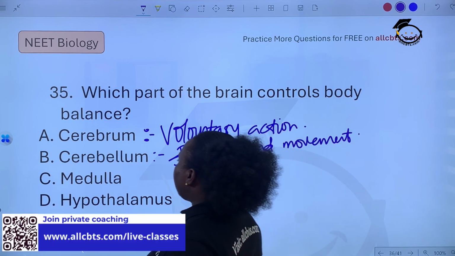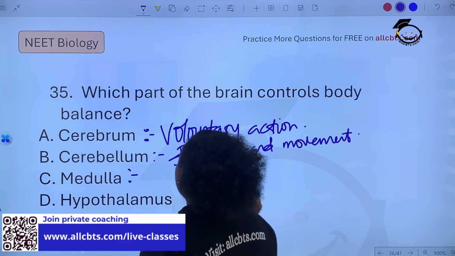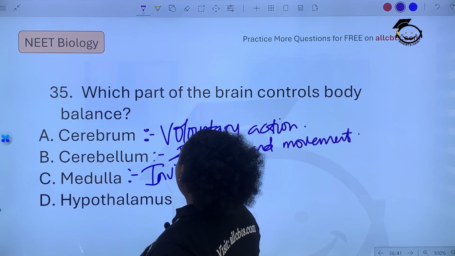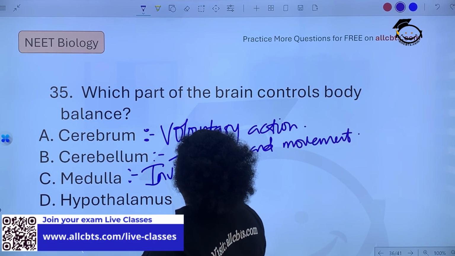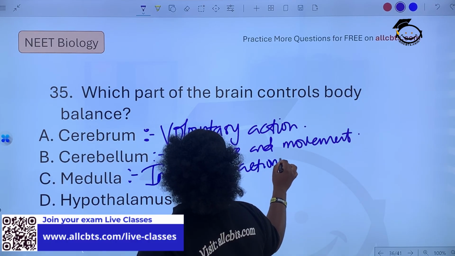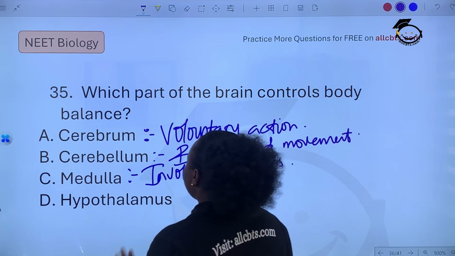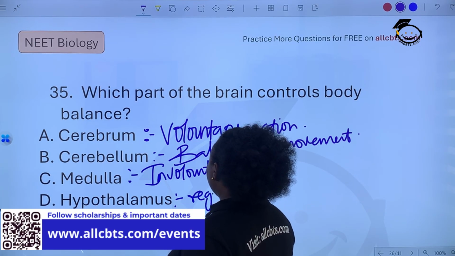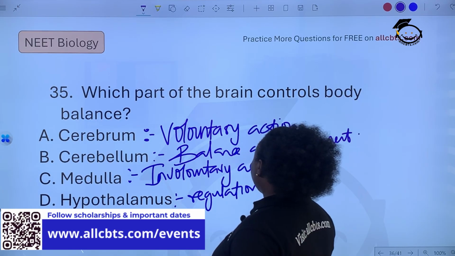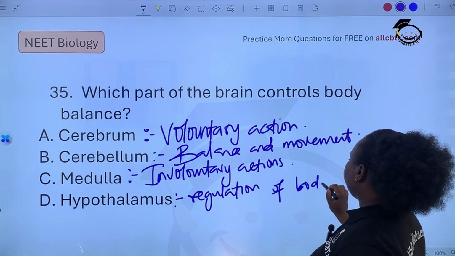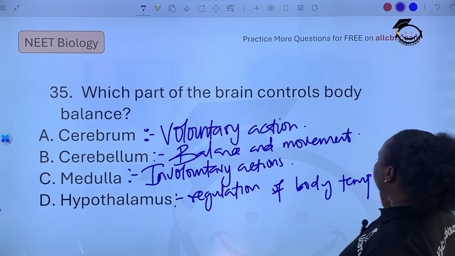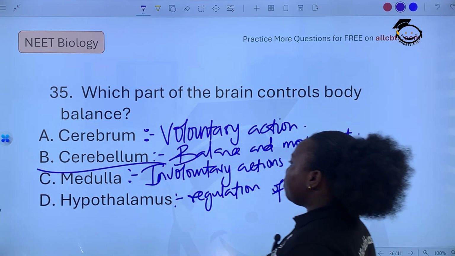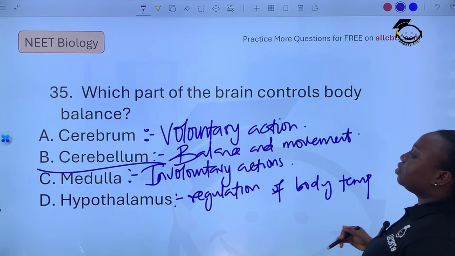Then we have the medulla oblongata, which is for involuntary actions. Then we have the hypothalamus. This one is for regulation of body temperature. So our answer here is option B, cerebellum, because it's for balance and movement.